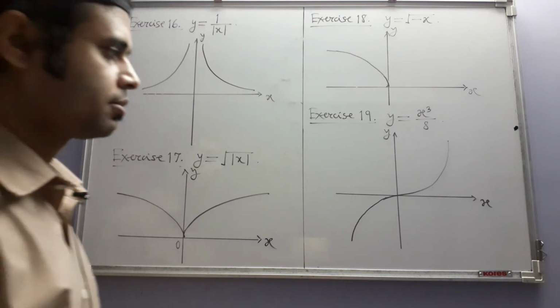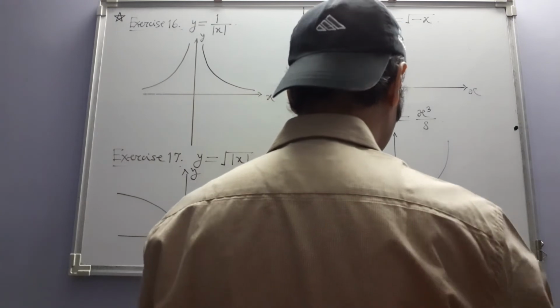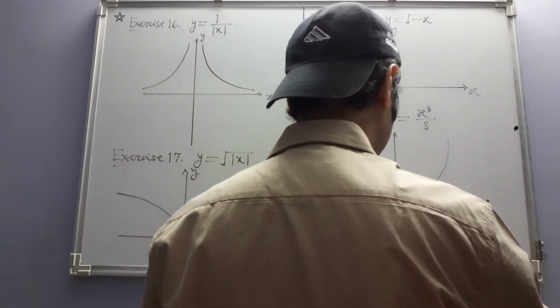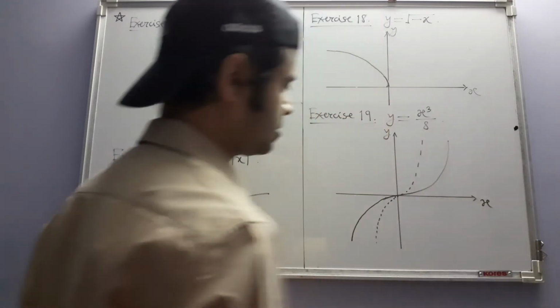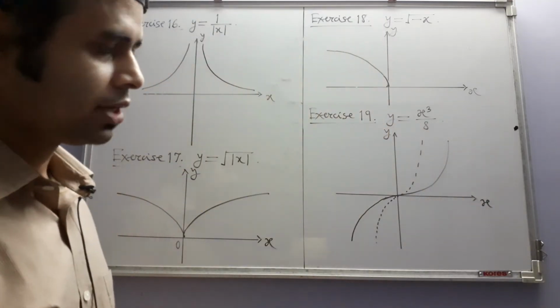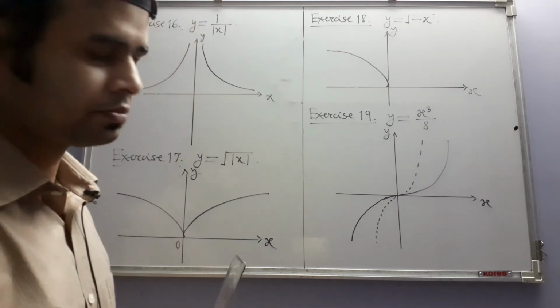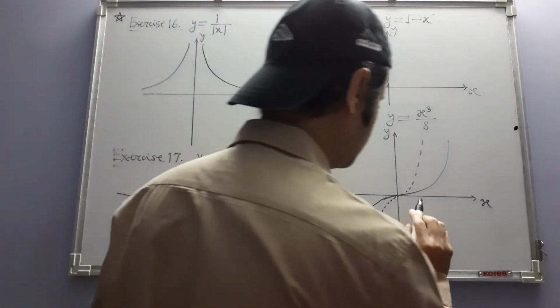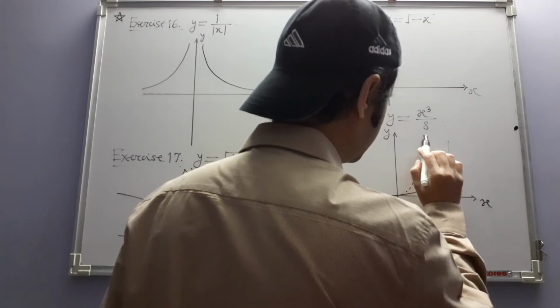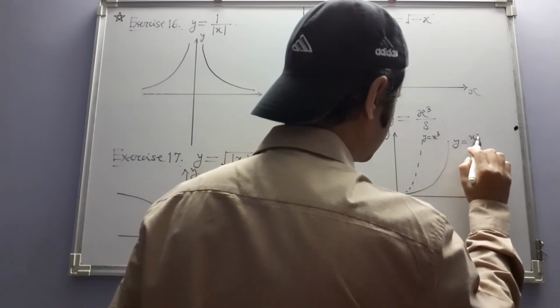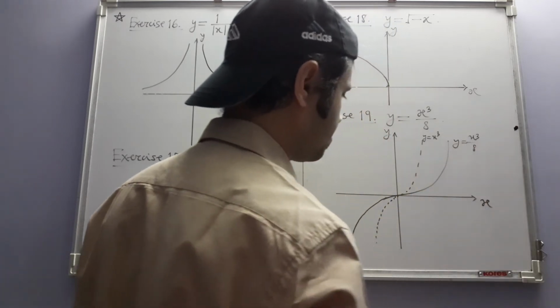Do you see? Okay, let me just say a little bit about it. Say y equal to x cube will be like this. When we are dividing by 8, why is it getting wider? It's because previously this is the y equal to x cube curve and this is the y equal to x cube by 8 curve.